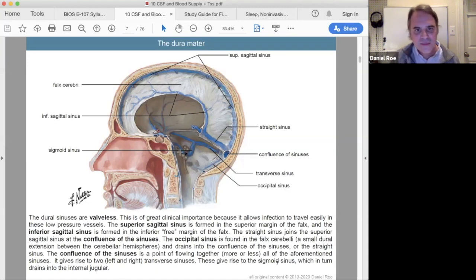Then we have a sigmoid sinus here, a transverse sinus here. Sigmoid is S-shaped, right? The transverse sinus empties into the sigmoid sinus, which then empties into the jugular, though it's not labeled here. Over here, we have a smaller occipital sinus.